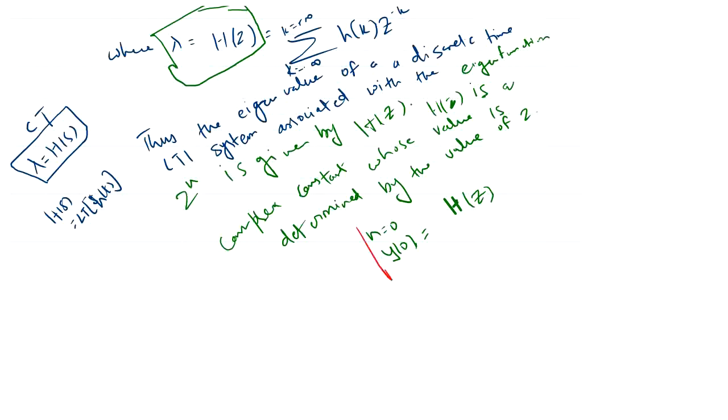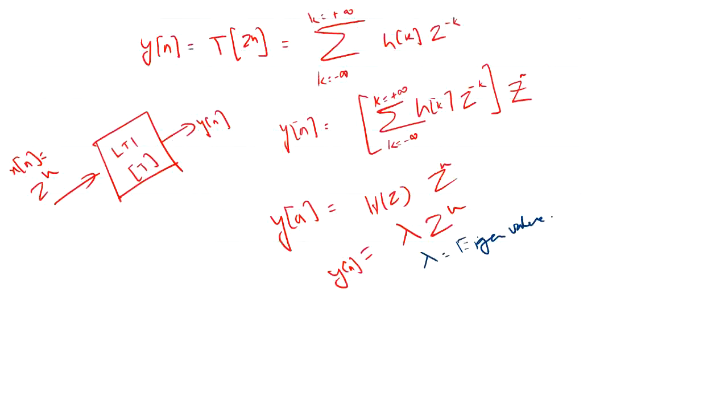Because if we see the expression and put n equal to 0, we get y[0] equal to lambda z raised to the power 0, and lambda is equal to H(z).